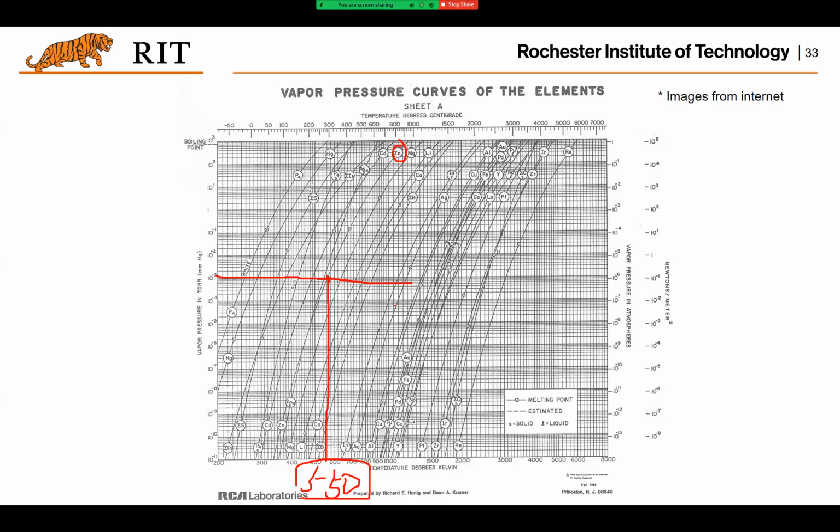And in that case, if you have a process temperature of 1000, it is beyond its vaporization point. That means the vaporization will happen, and that means this processing temperature is not desirable for processing this element at this vapor pressure.